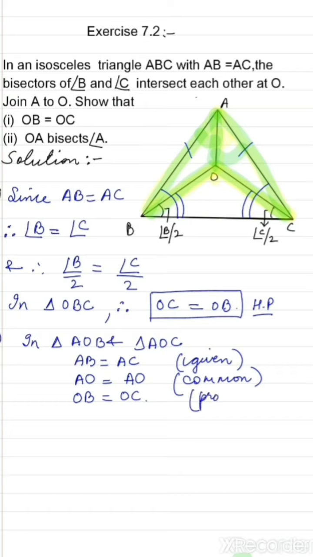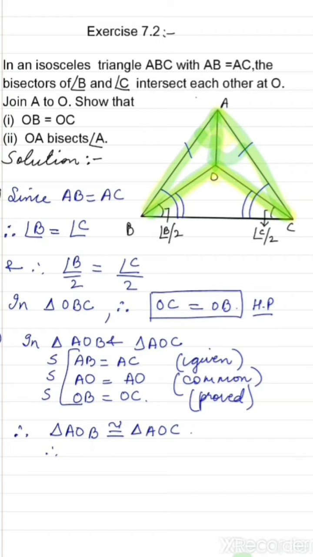We have proved just now. So by SSS the two triangles are congruent. So I will write therefore triangle AOB is congruent to triangle AOC.